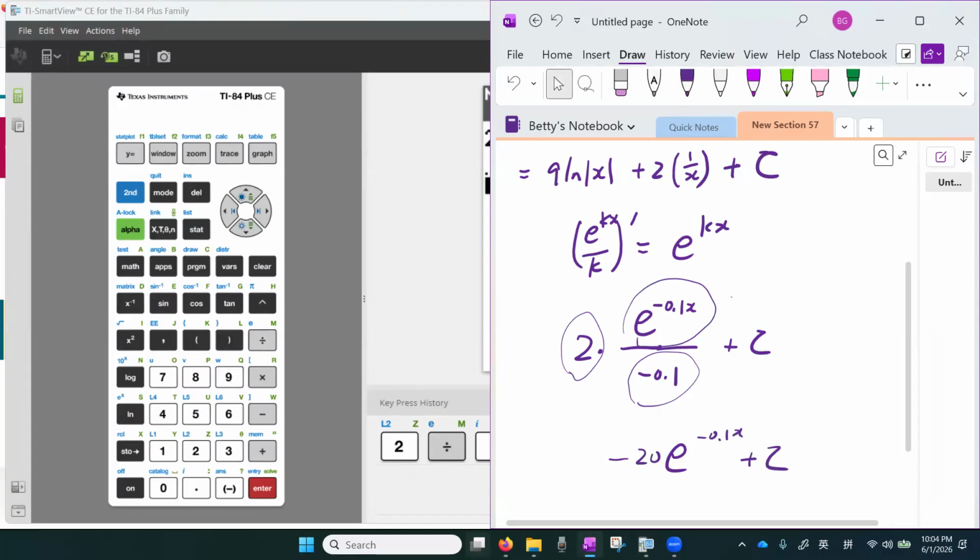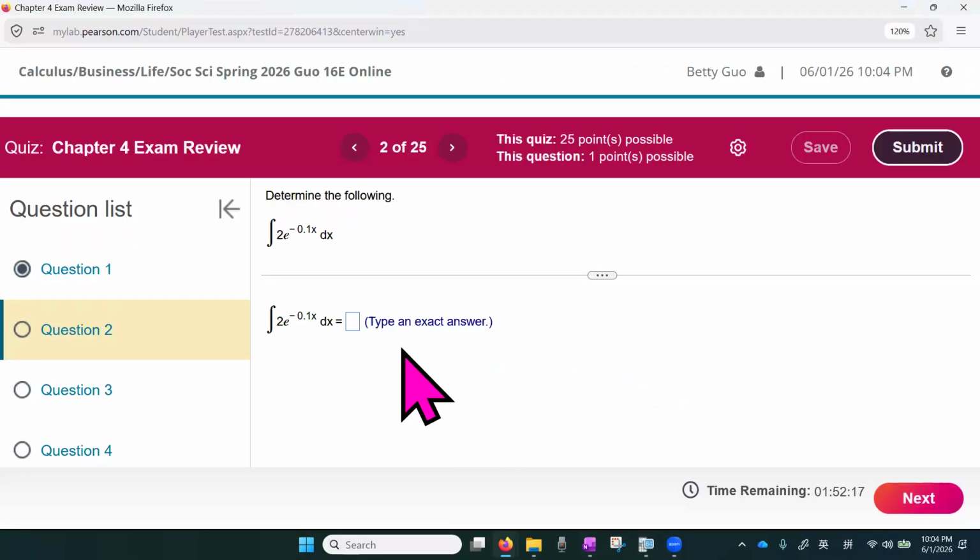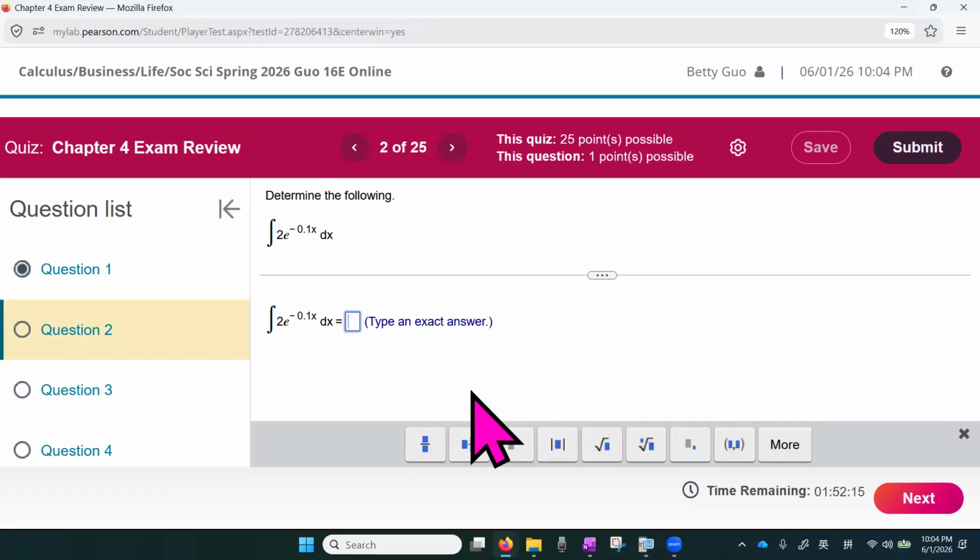All right? So let's enter that. Negative 20 e to the power of negative 0.1x plus C, capital letter C. I always double check the result by taking the derivative of the result.